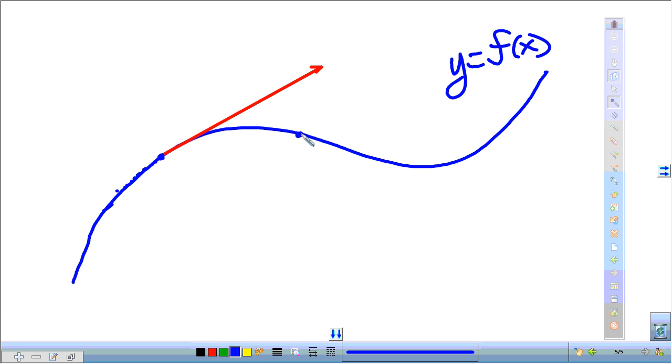If I take a different point and I keep walking, and I'm here, I have a different direction now, but I still have a direction. So I get over here, I'm headed in a completely different direction than back here.